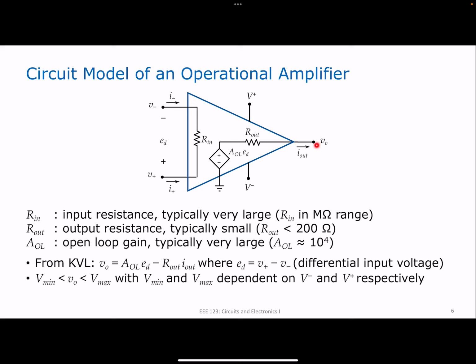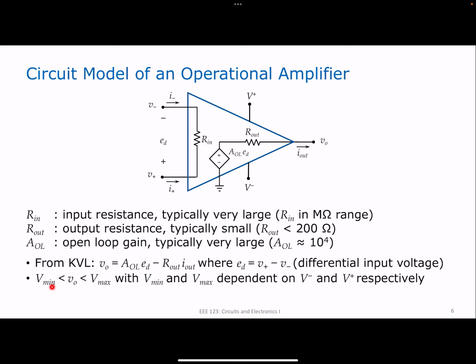Now, V sub O cannot indiscriminately become very, very large. There's a limit to the largest possible value of V sub O and the smallest possible value of V sub O. That limit is V min and V max.